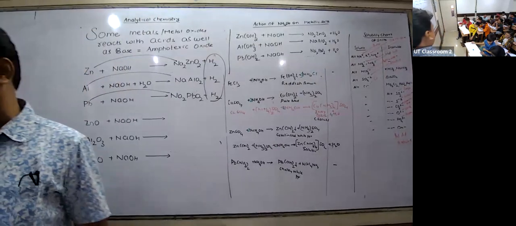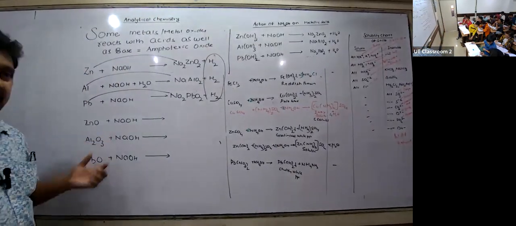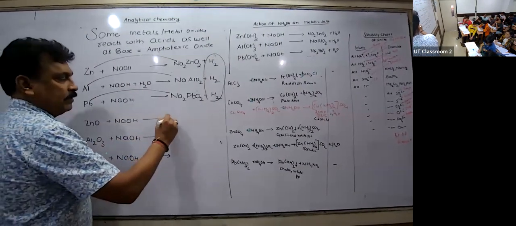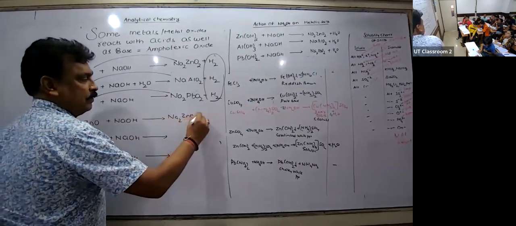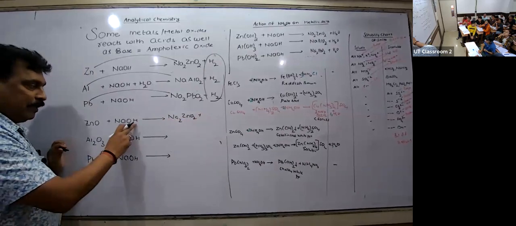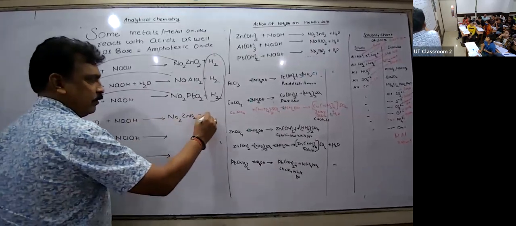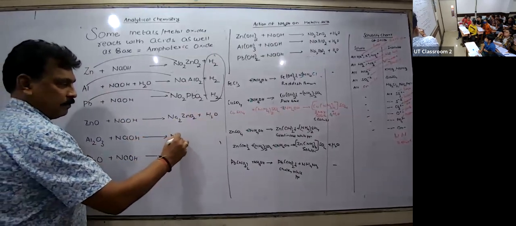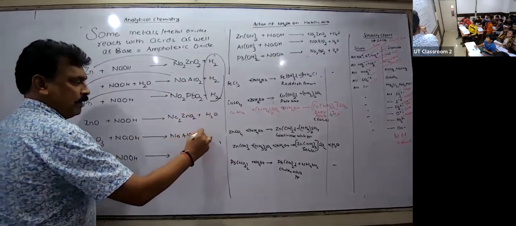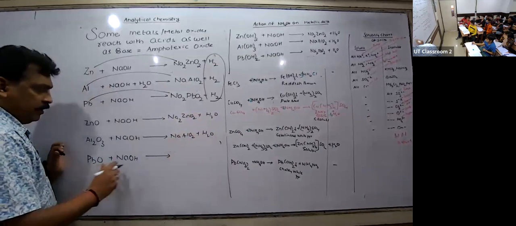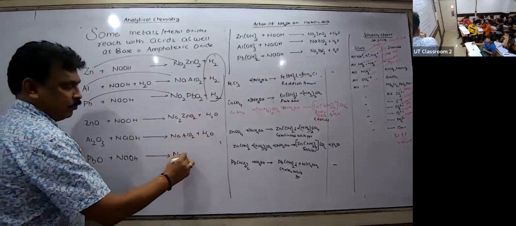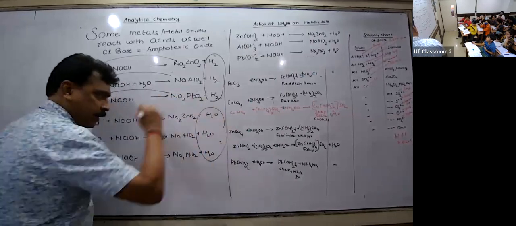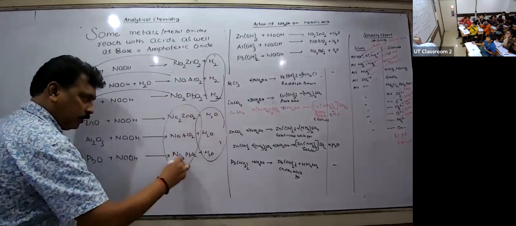Same way here, this is zinc oxide plus NaOH. What will you get? Sodium zincate plus water. The H and this oxygen combine to give water. Al2O3 gives NaAlO2, sodium aluminate, and water. And here, sodium plumbite, Na2PbO2, plus water. Now, this is water, this is salt, this is base.